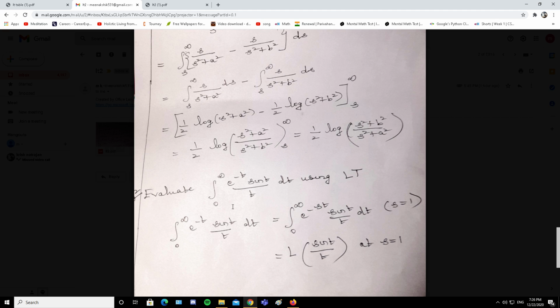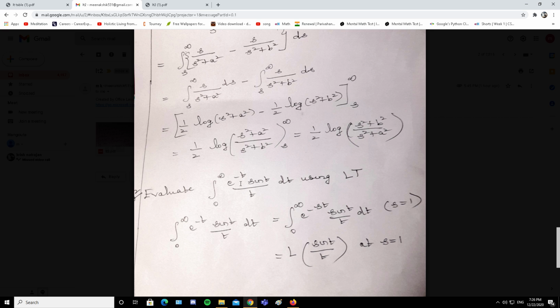Now we have another problem. Evaluate the integral from 0 to infinity of e power minus t sin t by t dt using Laplace transform. This is also of the form f of t by t, but slightly different from the previous two problems.